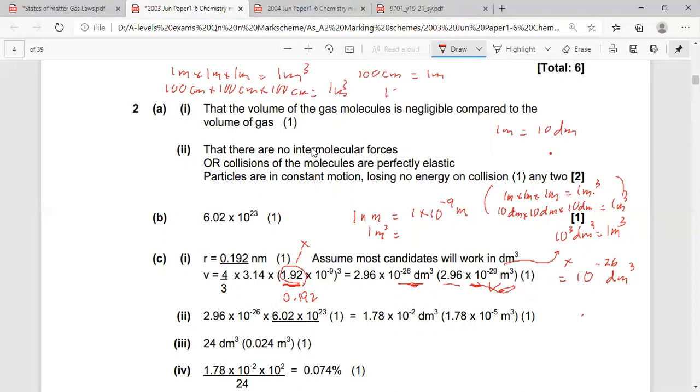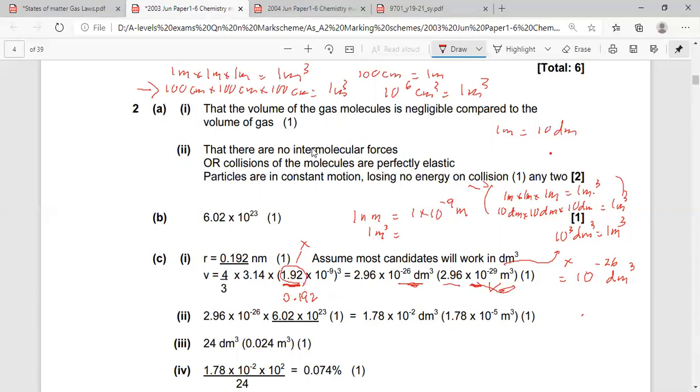So 10 to the power of 6 cm cubed equals 1 meter cubed. This is one of the easiest ways to convert. Just remember that 1 meter is equal to 100 cm and 1 meter is equal to 10 dm, decimeter.